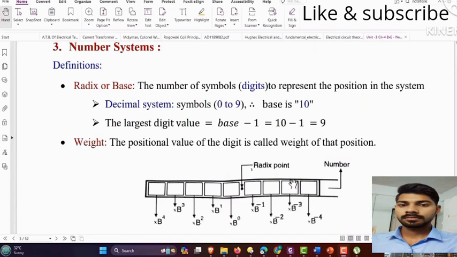Number system have two important components: the base of the number system, also called radix, and the weight of the system, that is also called as positional weight. The base of the system is nothing but the number of symbols used to represent the various positions of digit in the system.